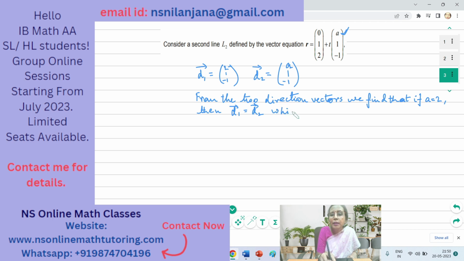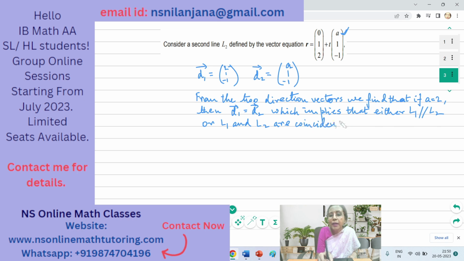Which implies that either L1 is parallel to L2 or L1 and L2 are coincident lines.